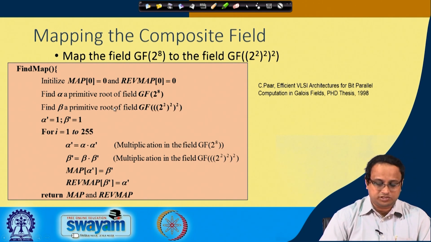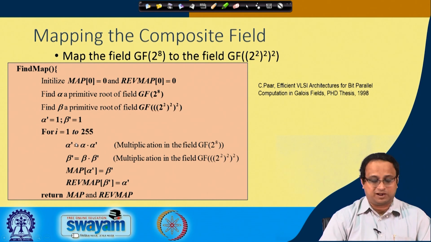You find beta, which is the primitive root of the composite field, and then you develop this map. So you map alpha to beta, alpha square to beta square, alpha cube to beta cube, and so on. Therefore, you can have a nice map between all these 256 elements which are there in GF2 to the power of 8 as well as in the composite field, because they are equinumerous.